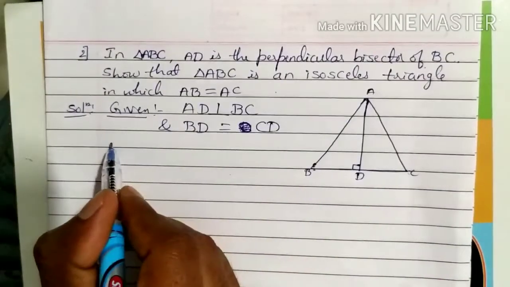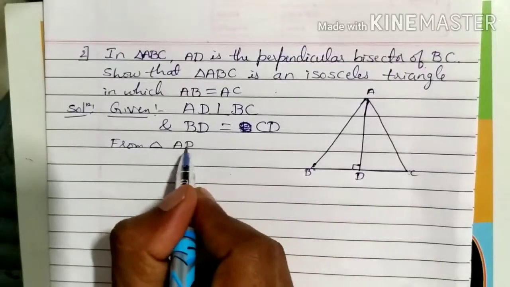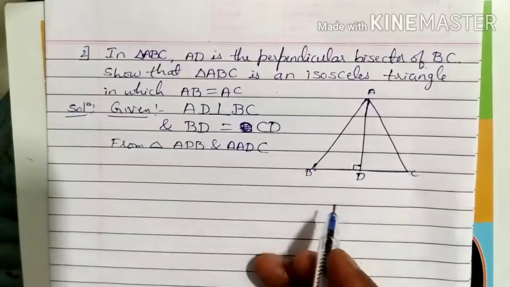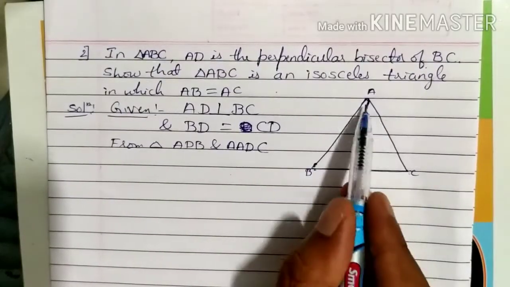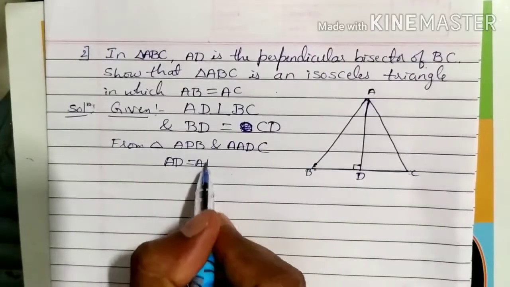From triangle ADB and triangle ADC, what is equal here? AD is equal to AD, which is common to both.